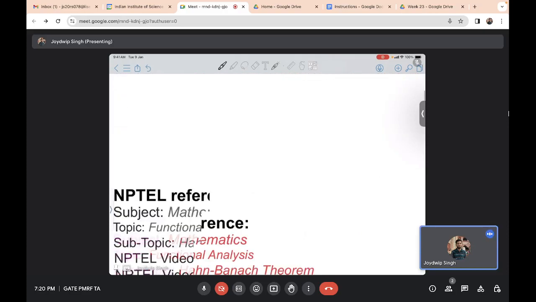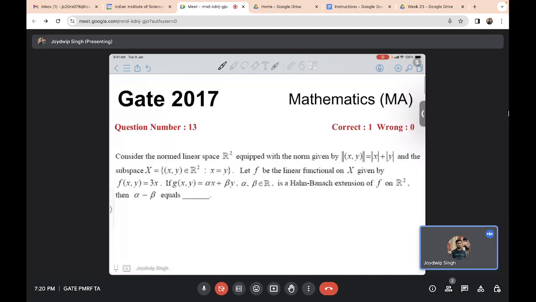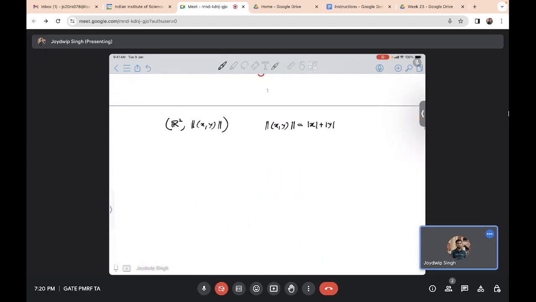And what else is given? X is a subspace of R2, all (x, y) in R2 such that x equals y. So this is a diagonal subspace.